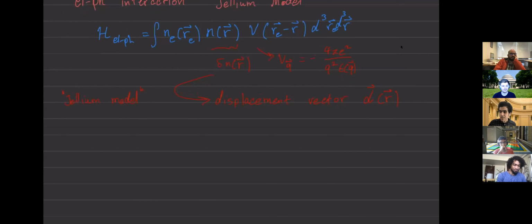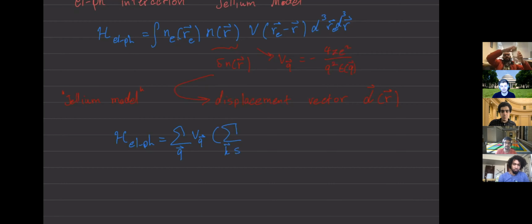And now this interaction term that I have here, I can take a Fourier transform of it to write it entirely in terms of Q. So I said that, okay, this is my interaction V of Q, and then my electron charges, I can write in terms of my Bloch electrons.